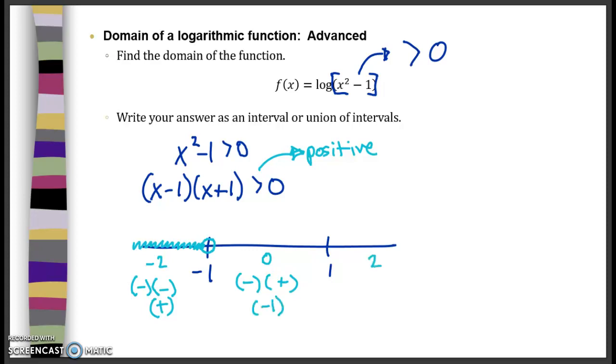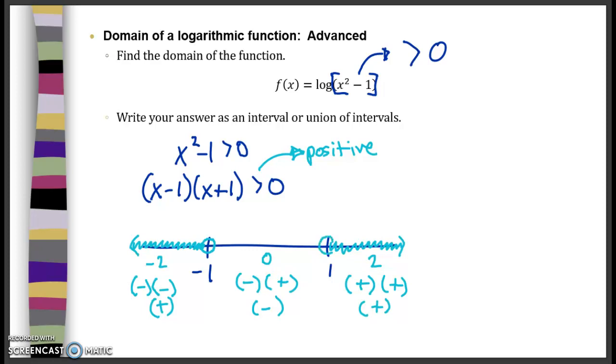Now let's go ahead and plug x equals 2 in. 2 minus 1 is positive, and then 2 plus 1 is positive. So overall, I get a positive here. And I want a positive, so I'm going to include this portion and everything outside of those.